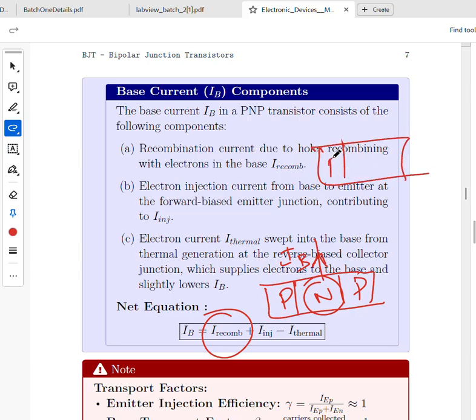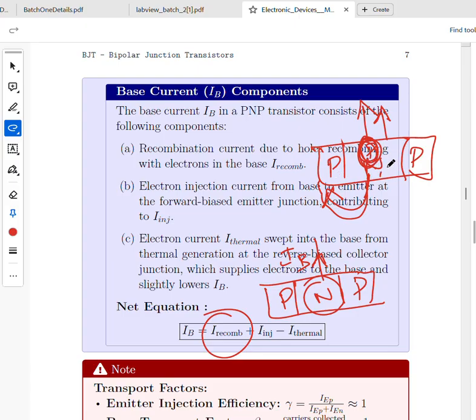We have P and N and P. If it goes like this, it basically means another current should go like this again, right? So an electron is being injected over here, which means another hole becomes here. If an electron is injected from base to emitter, then another hole must go over here because there is another hole created here.